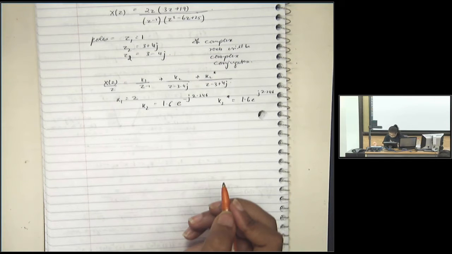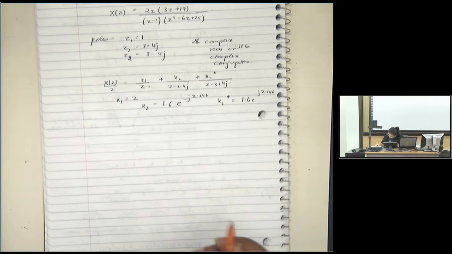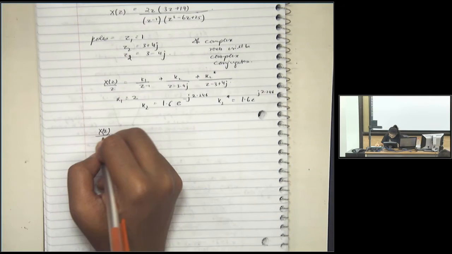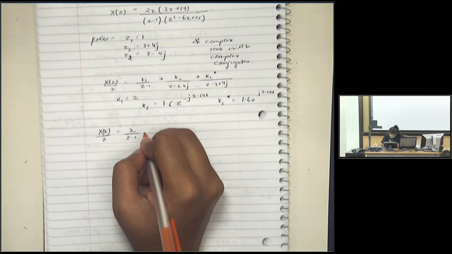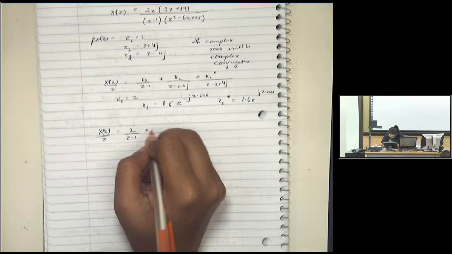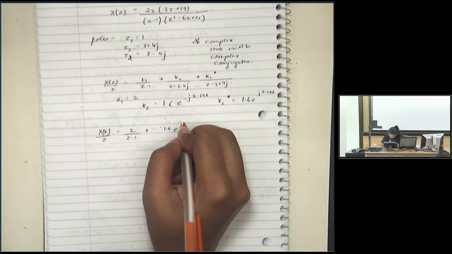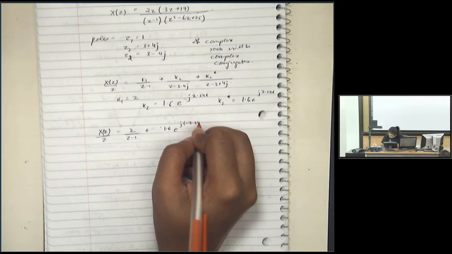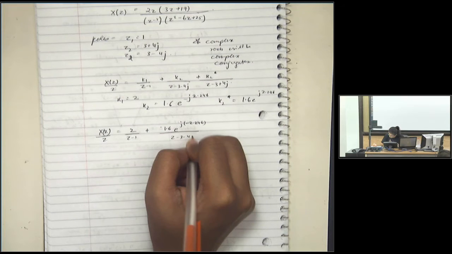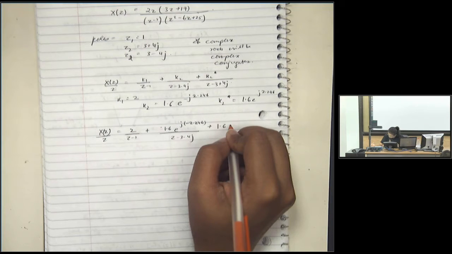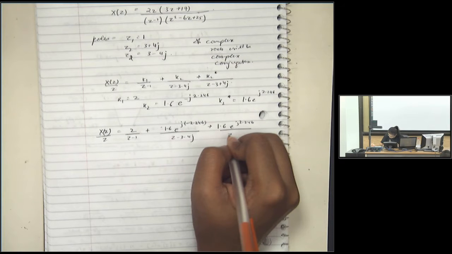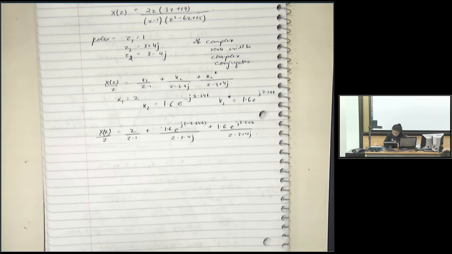All right. Now, substituting this back into our original equation, you'll have 2 over z minus 1 plus 1.6 e raised to power minus j 2.246 over z minus 3 minus 4j plus 1.6 e raised to power j 2.246 over z minus 3 plus 4j.